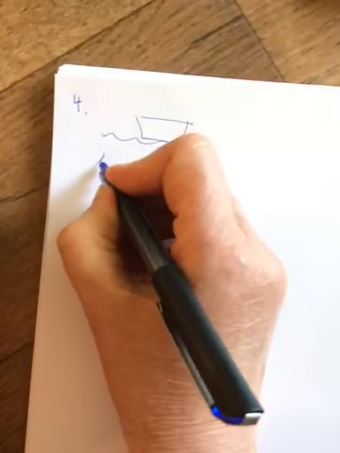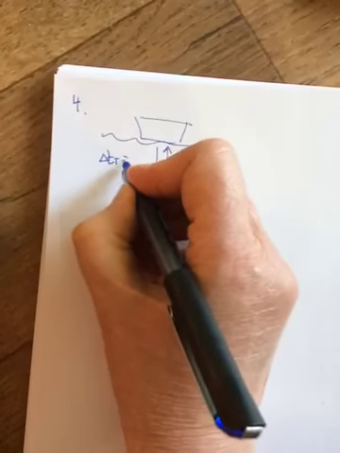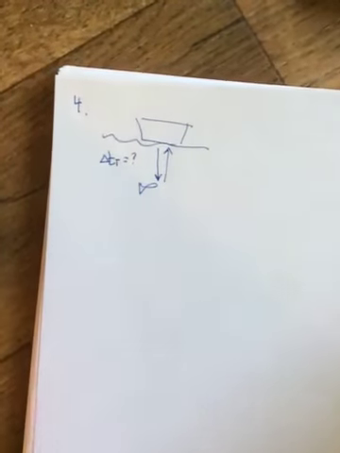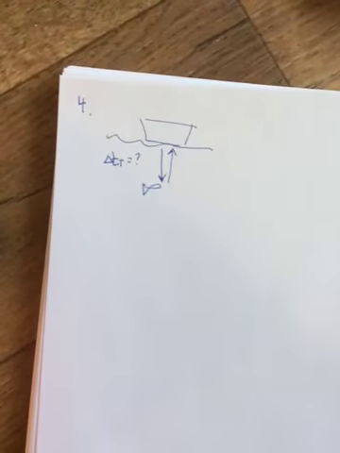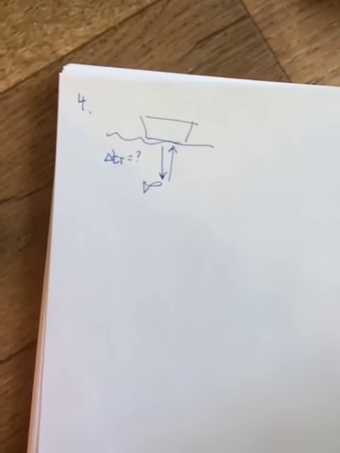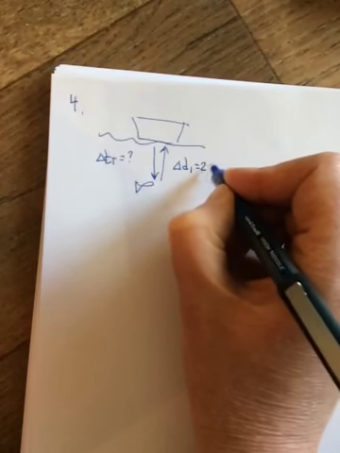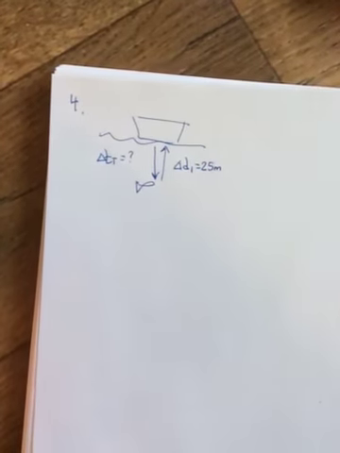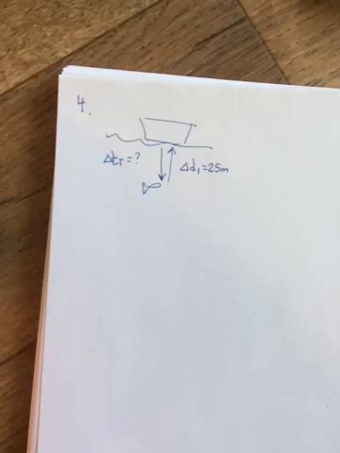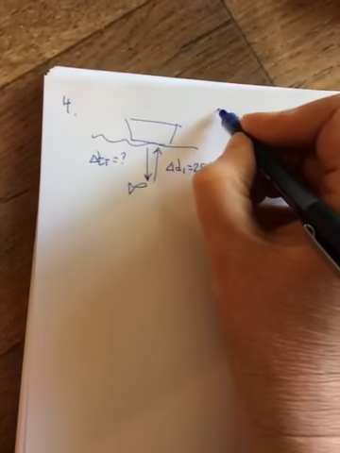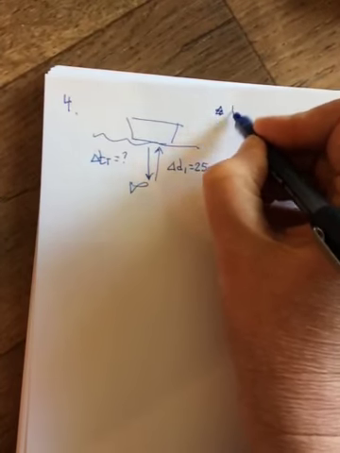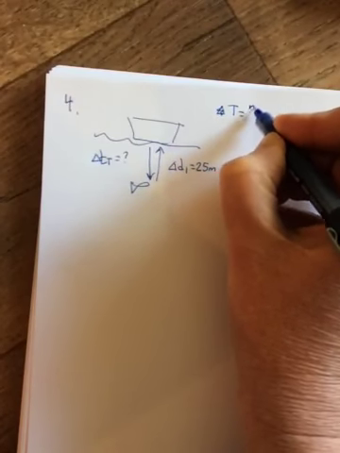So they're actually looking for the total time here, the time it takes to go down and come back. If a school of fish is located at a depth of 25 meters, so delta D one way is 25 meters. And it says to assume the temperature of the water is 20 degrees. So T is 20 degrees.